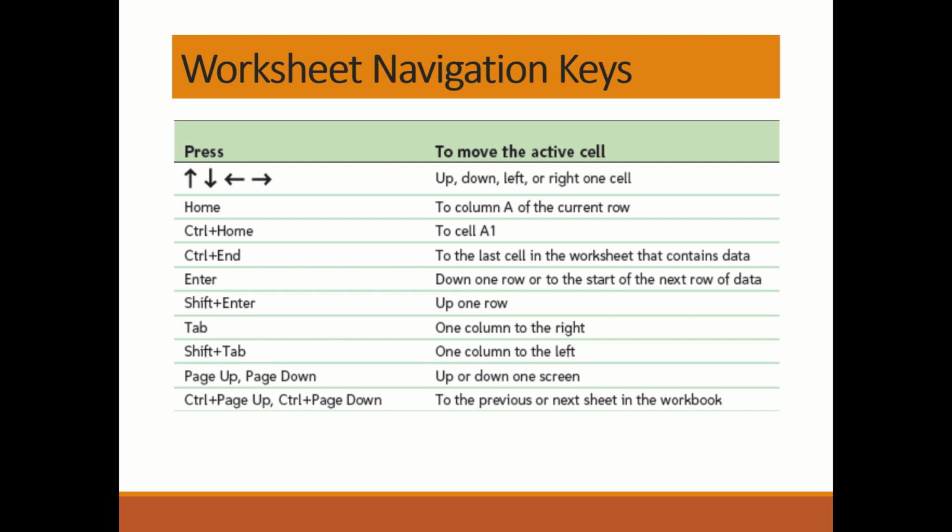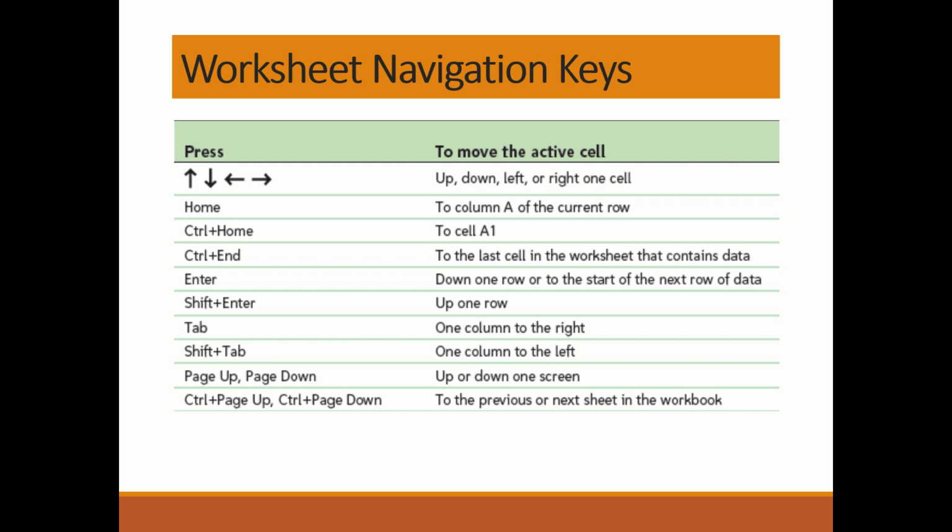Control plus Home will take you to the A1 cell, Control plus End will take you to the last cell where data is contained, and Enter, always it will go down, that is the default setting. However, if you want, we can change it as well. Shift plus Enter, up one row. Tab, one column to the right; Shift plus Tab, one column to the left.